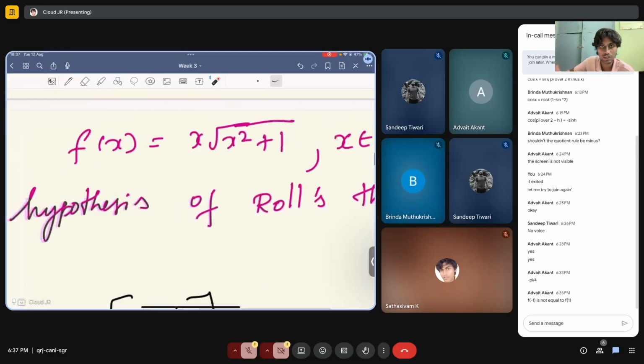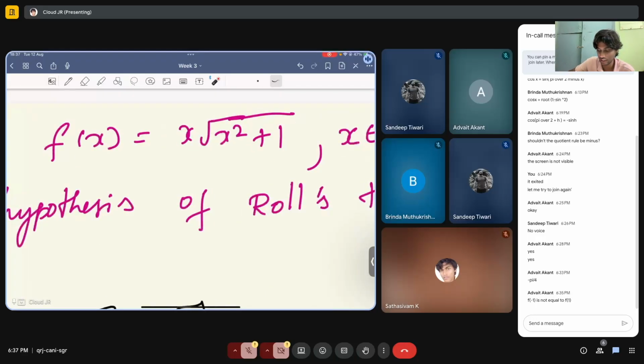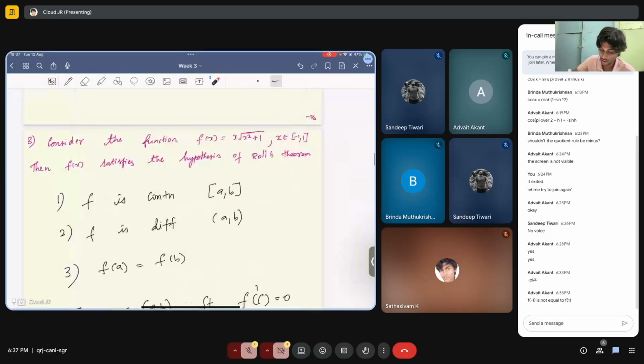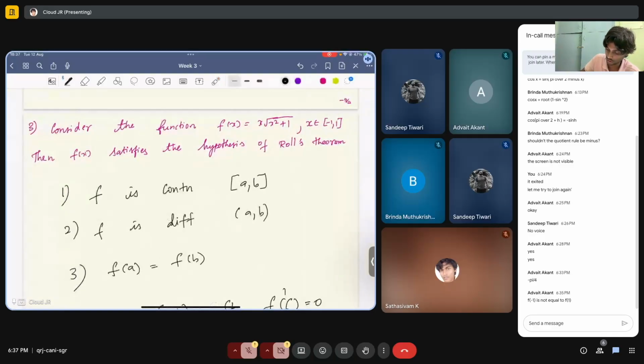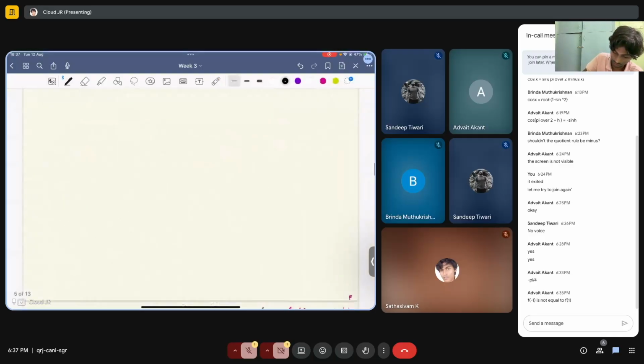Let's write the function, x times the square root of x square plus 1, and see that it is continuous. x is a continuous function. x square plus 1 is also a continuous function.